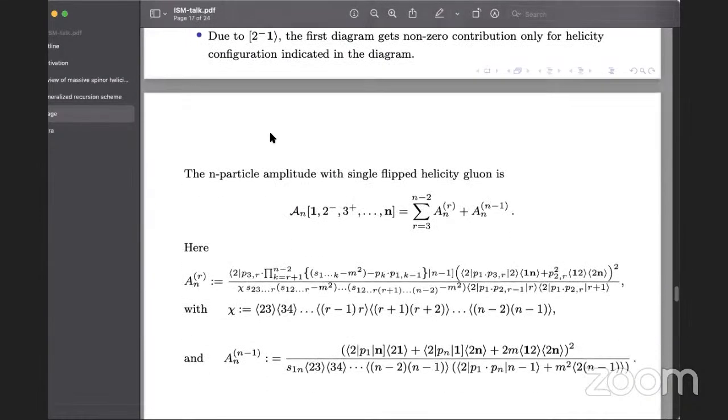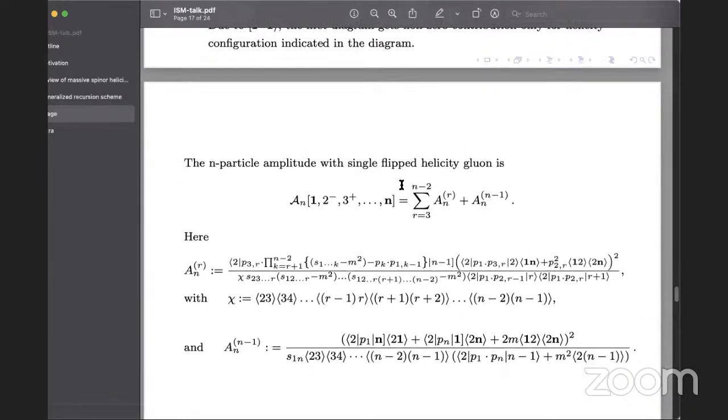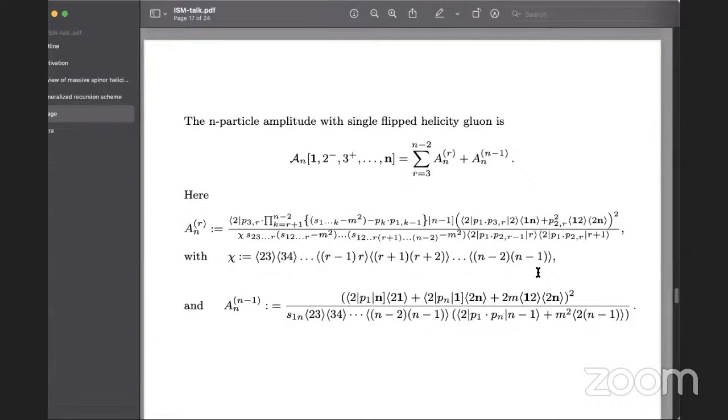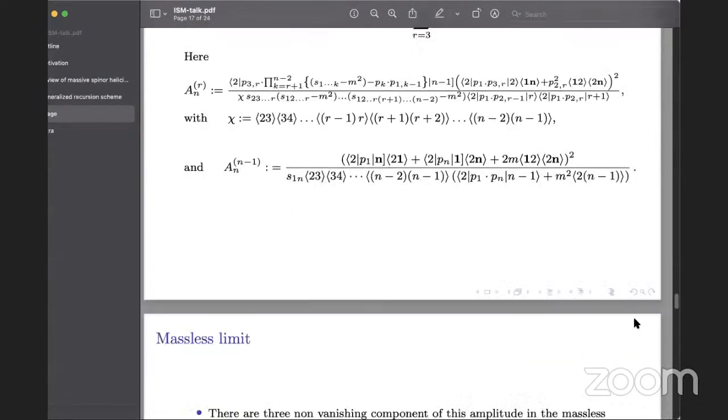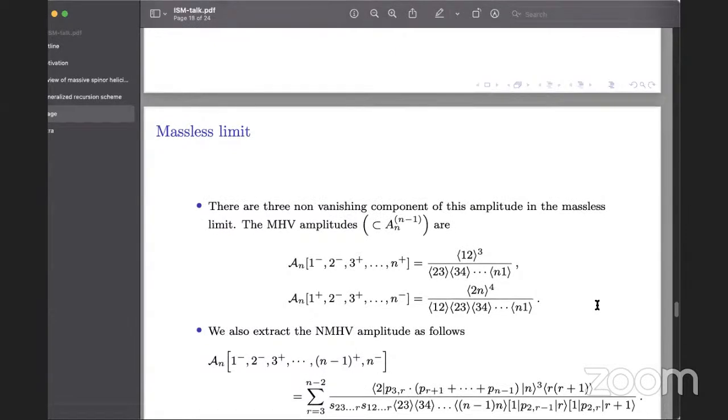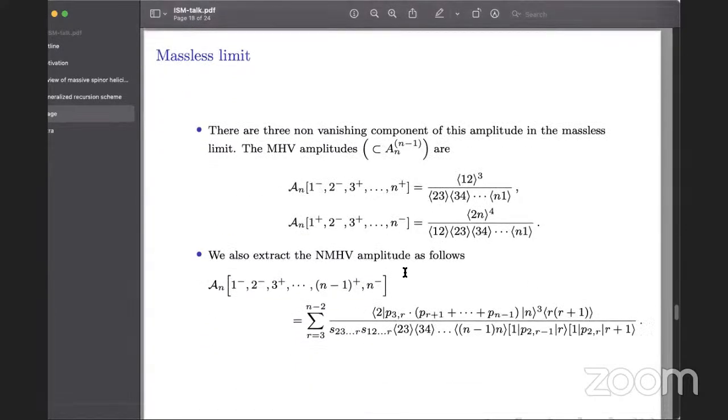Okay. So again, we use generalized recursion, and the amplitude can be computed from scratch. The answer looks something like this. And if you take the massless limit, there will be 3 possible massless components in this limit. Here 1 and nth particle are massive.